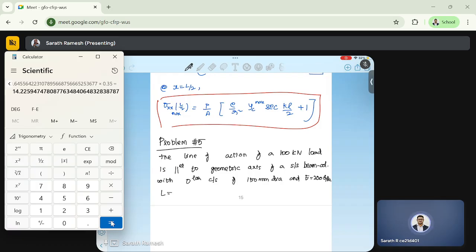We have also been given the length of the column as 8 meters. Now the load is not acting at the center, but at a radial distance of 4 mm from the CG of the cross section.